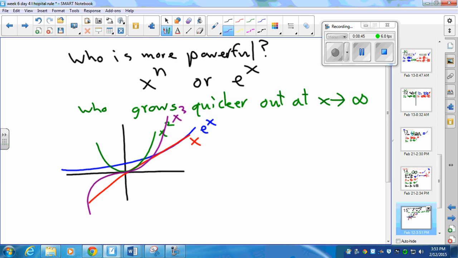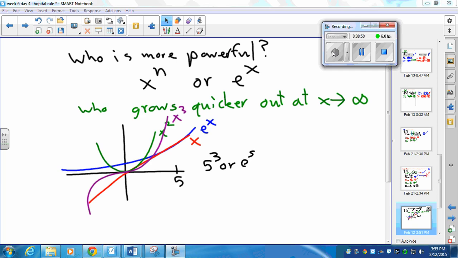But you remember, this right now is all at the place of 5, let's say. Meaning, what's bigger, 5 cubed or e to the 5? All right, so 5 cubed or e to the 5th. 5 cubed is 125. e to the 5th, that's like 2.8 to the 5th, which is probably, without a calculator, like, I don't know, 2.8 to the 5th.